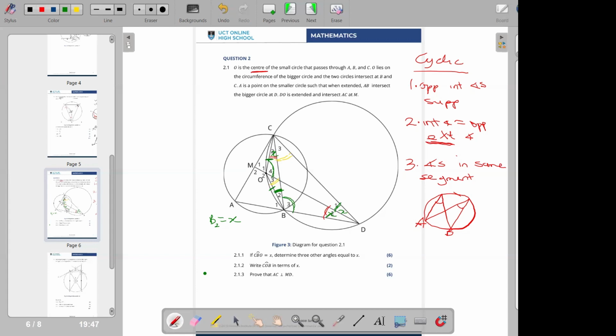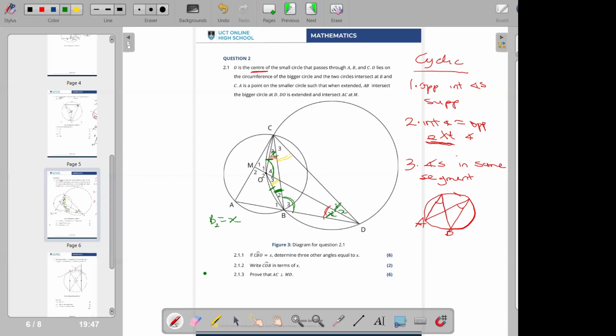So using the sum of angles, in triangle COB, COB plus B2 plus C2 is equal to 180. Those are angles in a triangle, right? Yes. Then you conclude, therefore, that angle COB is equal to 180 degrees minus 2x.